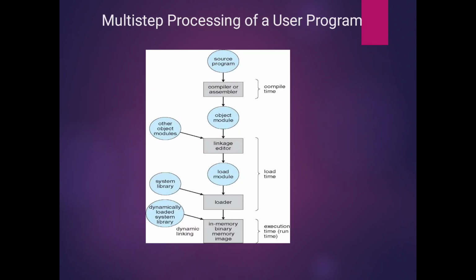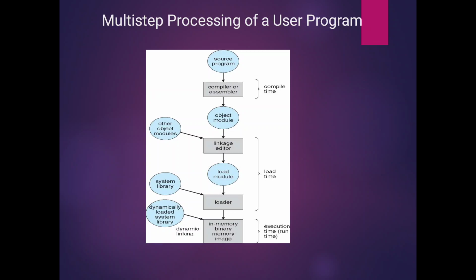to another. In the multi-step processing of a user program, initially the source program is compiled or assembled. The higher level language is converted into machine understandable language, that is, the object code in the object module. Afterwards the linkage editor links the needed files.